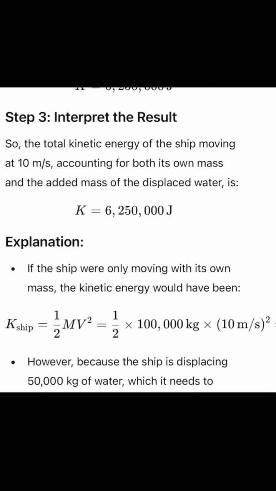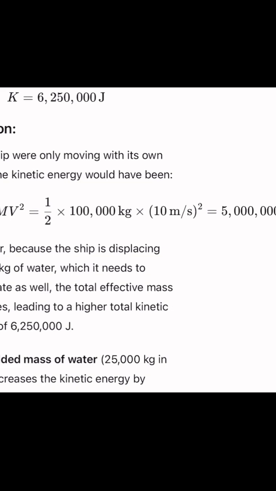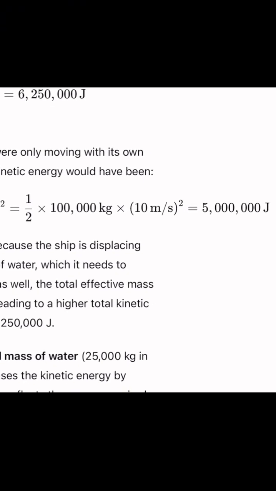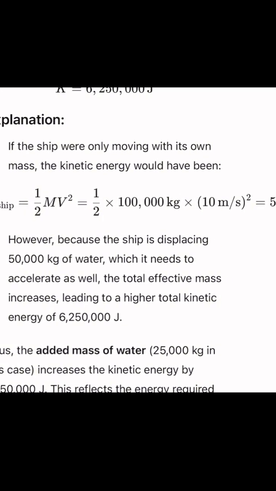6,250 megajoules. Explanation: if the ship were moving with its own mass only, the kinetic energy would be just the ship's kinetic energy, half m v squared, which is going to be 5,000 megajoules.